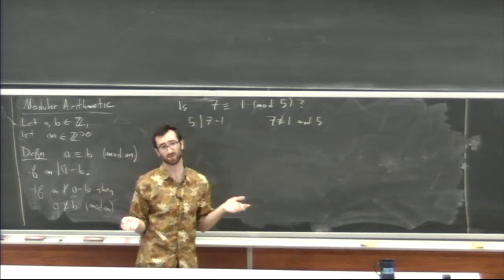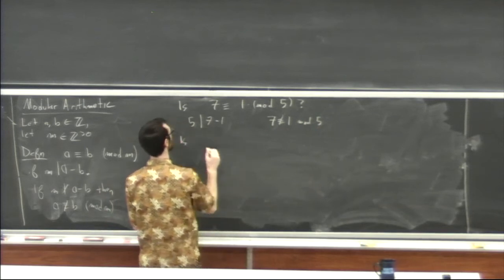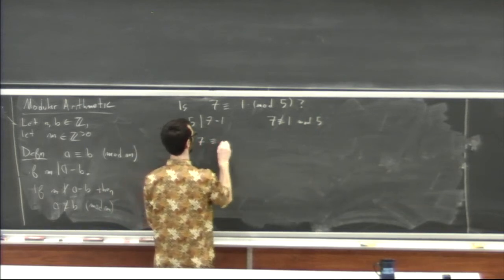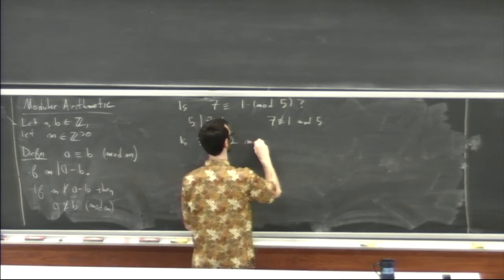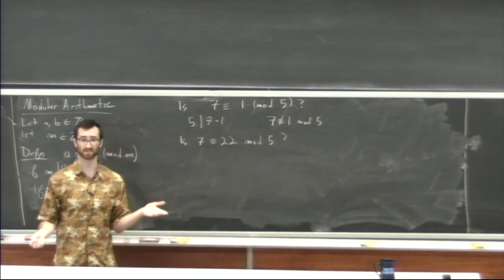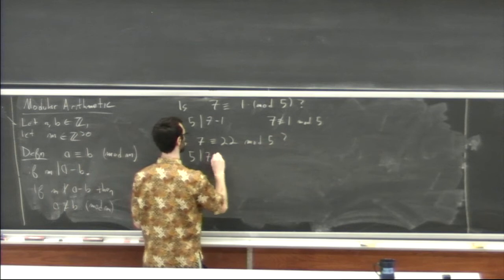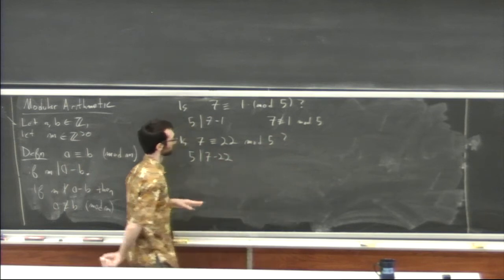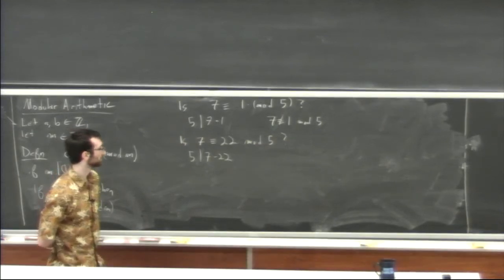However, I can find a different number which is congruent to 7 modulo 5. For instance, is 7 congruent to 22 modulo 5? So once again, what I'm really asking here is, does 5 divide 7 minus 22? 7 minus 22 is negative 15.